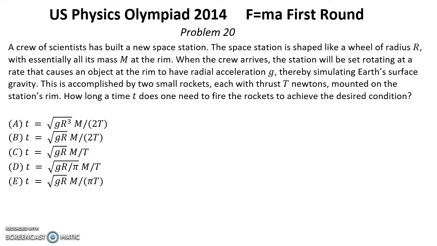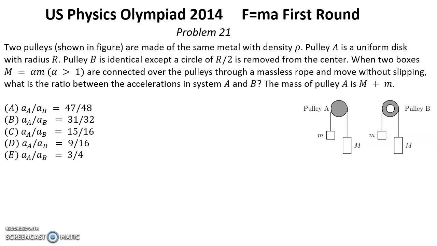This is accomplished by two small rockets, each with a thrust T newtons, mounted on the station's rim. How long a time does one need to fire the rockets to achieve the desired condition?